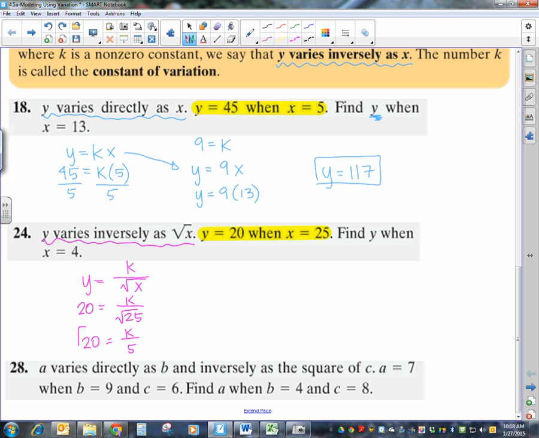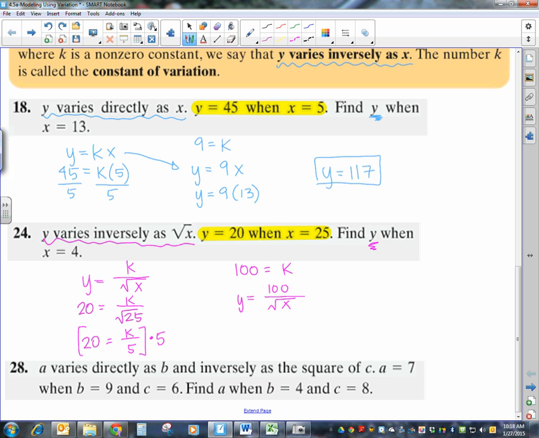So as we have done before, I'm going to multiply both sides by 5. This bracket is preventing me from writing 5 on both sides of the equation. If you don't want to put the brackets, you need to put 5 on both sides of your equation. Okay, so I find out that 20 times 5 is 100. So my equation specific to this problem is y equals 100 over the square root of x.